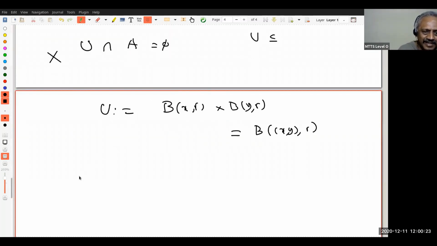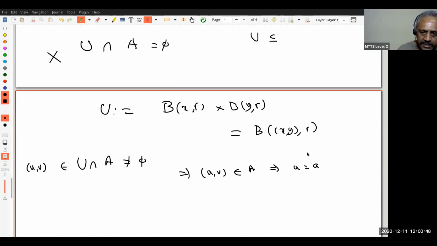So I claim this U intersection A is empty. Suppose not. What does that mean? There is a point (u, v) which is here. But then (u, v) is in particular in A. If it is not empty, then it belongs to U intersection A. Therefore, (u, v) belongs to A. That means u must be equal to a, because A is singleton {a} cross Y. Do you understand this?